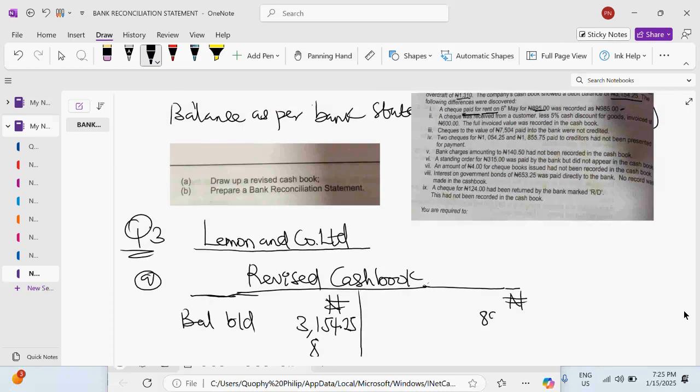So this is how the whole thing would be. We should have recorded 895 here. That's the right entry. But then we rather increased the amount. Instead of writing 895, we wrote 985. We've made a mistake. So what do you think we'll do?